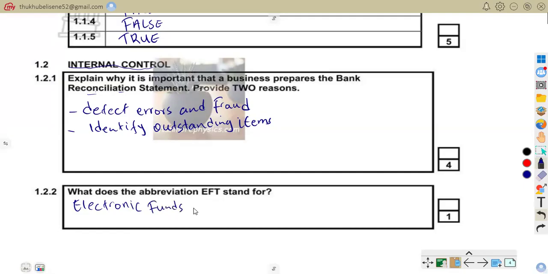That's what this abbreviation stands for. For example, you pay a supplier using a banking app instead of cash. That is an EFT. Hope we are together on that.